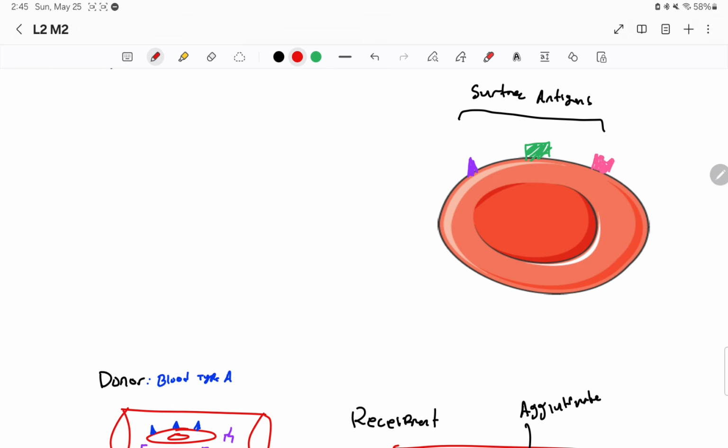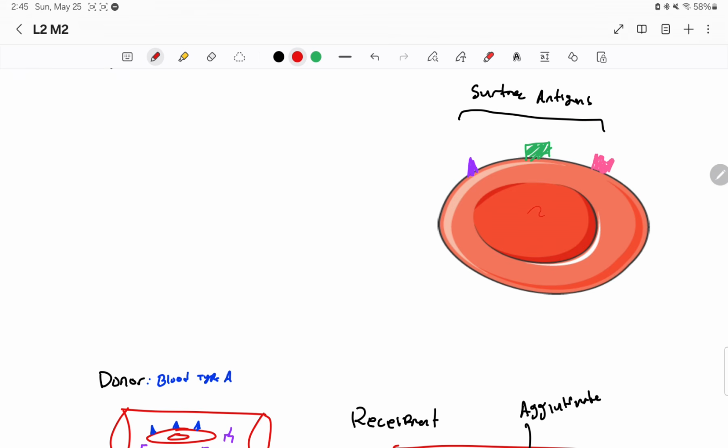But what is an antigen? An antigen is a large complex molecule, usually a protein, or it could be a carbohydrate, that triggers a specific immune response against itself when it gains entry to the body.